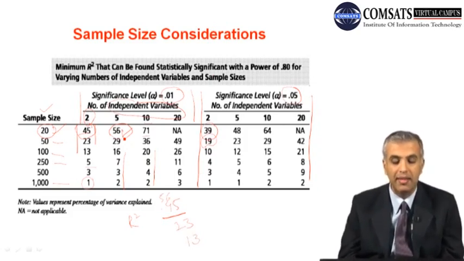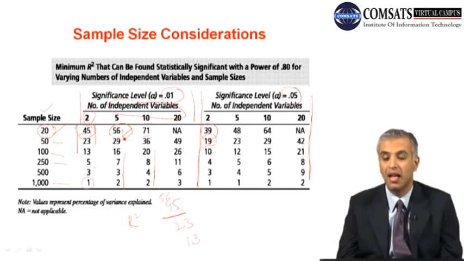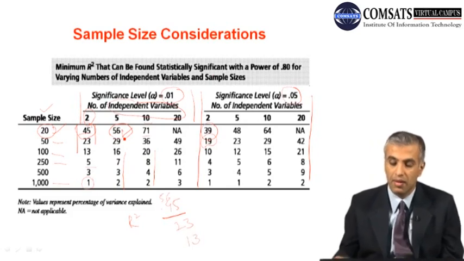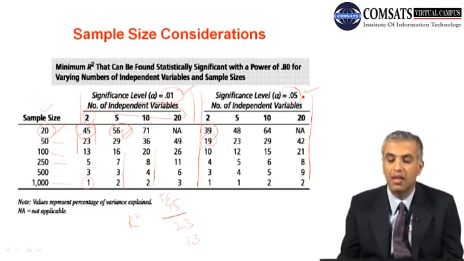So as we keep on increasing our sample size, the minimum R square which can be found significant keeps on decreasing, which is a healthy sign for our analysis. Likewise, we have another factor, the level of significance, which you can see here as 0.01 or 0.05. It also makes a considerable impact on the criteria for selection of sample size.